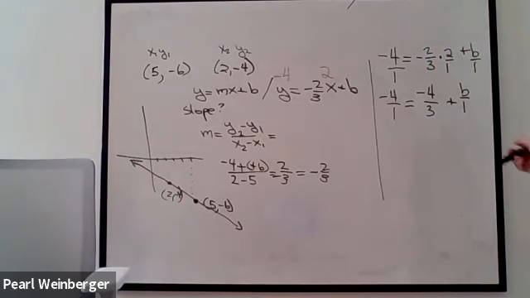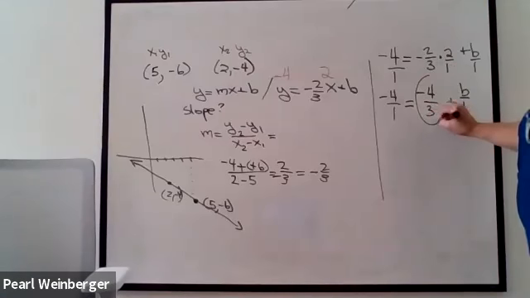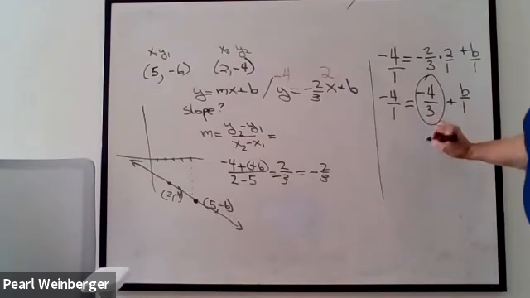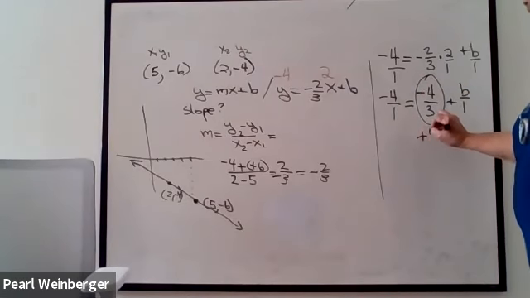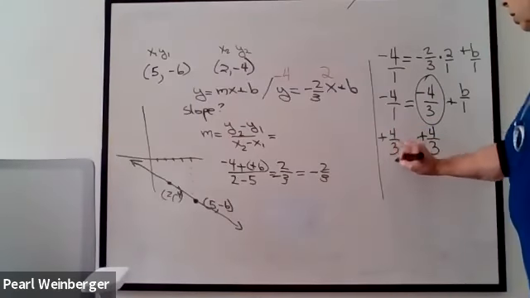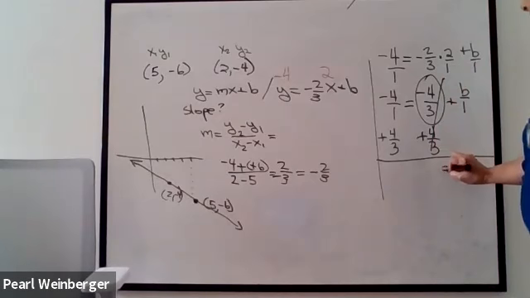In order to get the b alone, I'm going to have to get rid of this -4/3. Since this is negative, I'm going to add 4/3 to both sides. That will get rid of this, and I'll be left with b over here.